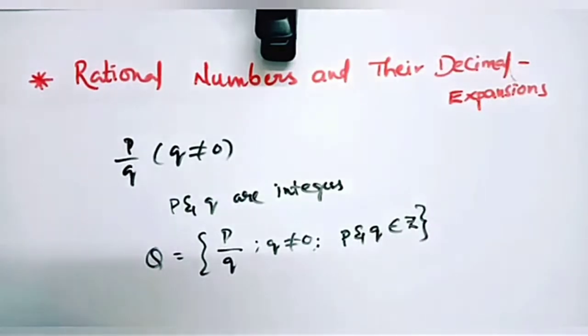We know every rational number can be expressed either as a terminating decimal or a non-terminating recurring decimal.